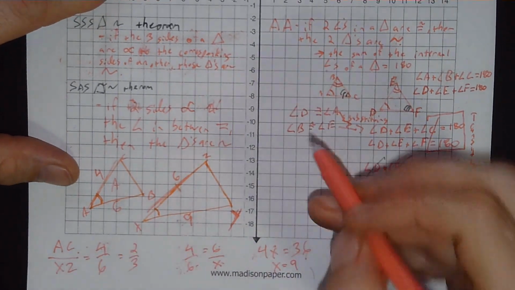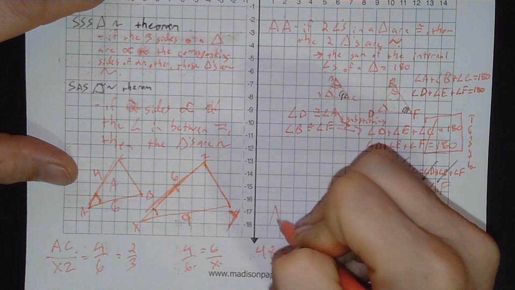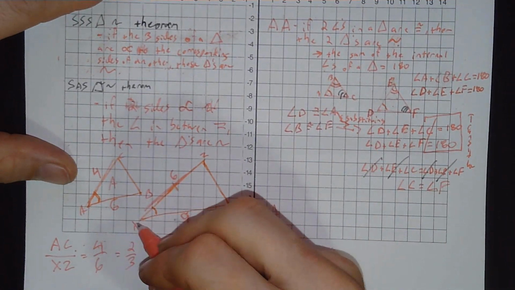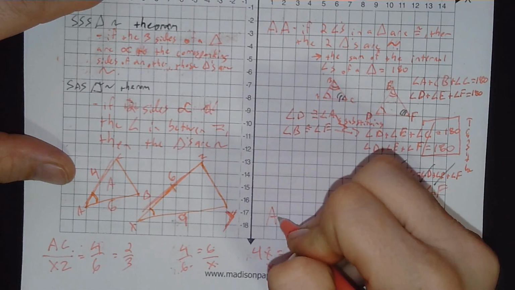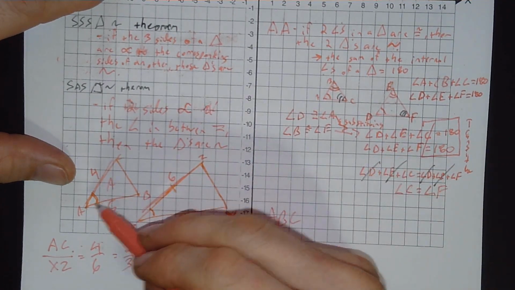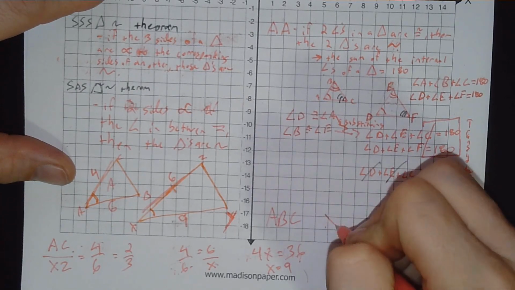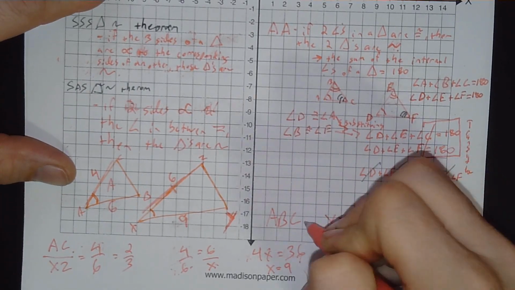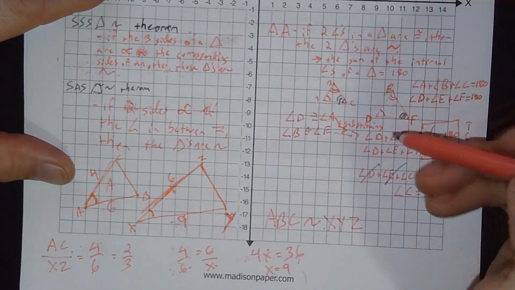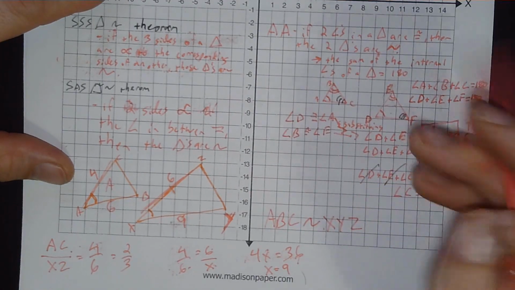We're going to say A, B, C, line up the vertices just like you would for triangles, X, Y, Z. Instead of congruence, you write the similarity symbol.